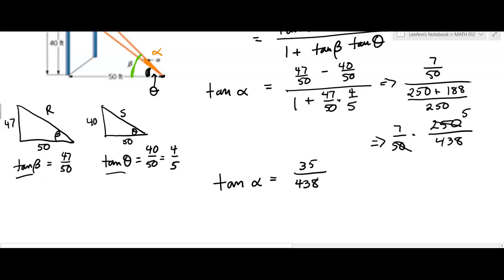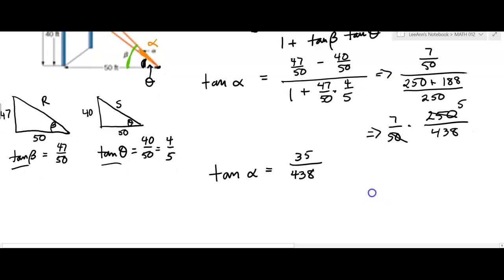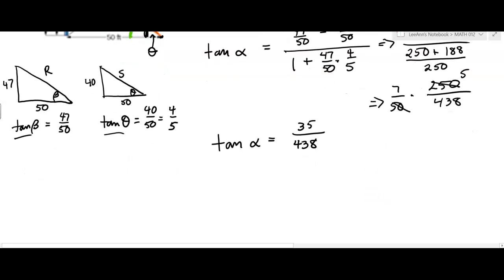Now, what am I trying to do? I'm trying to find alpha. We know what tangent alpha is, but now we're going to use our inverse trigonometric function. I don't want tangent alpha, I just want alpha, so it's like I'm undoing the tangent part. Alpha is equal to the inverse tangent of 35 over 438.